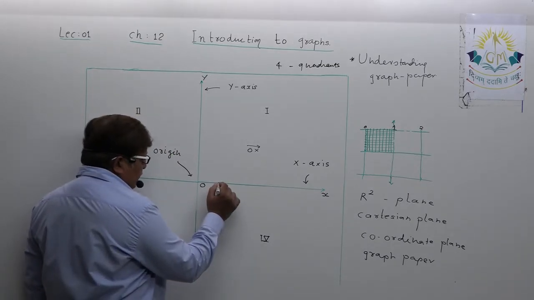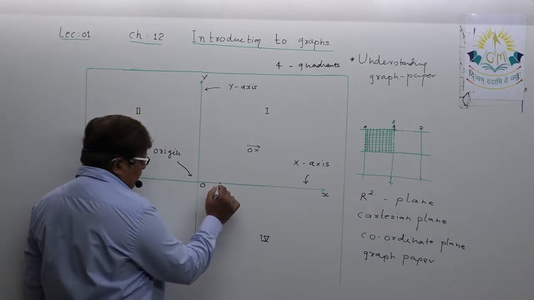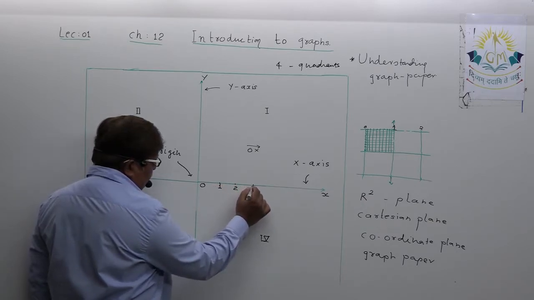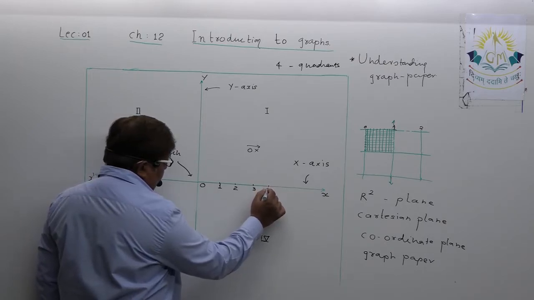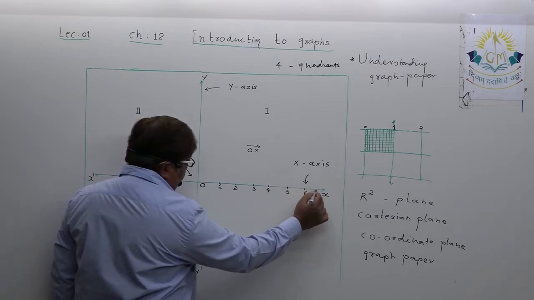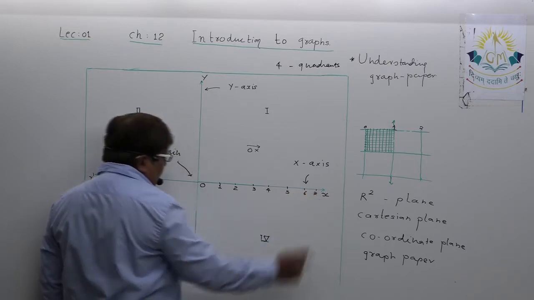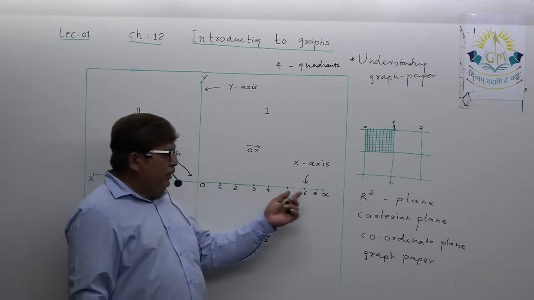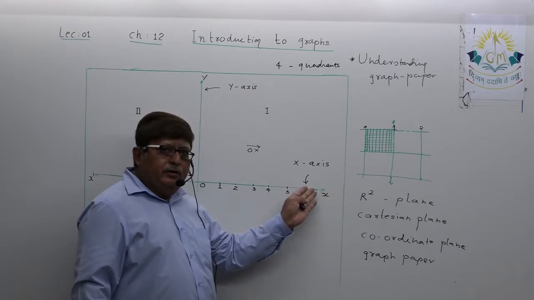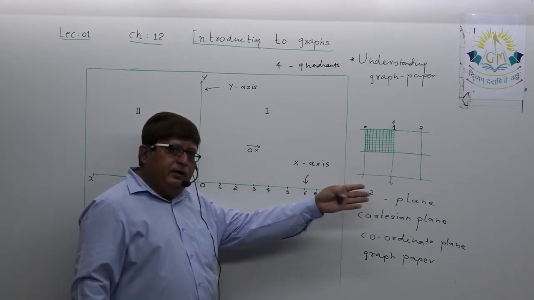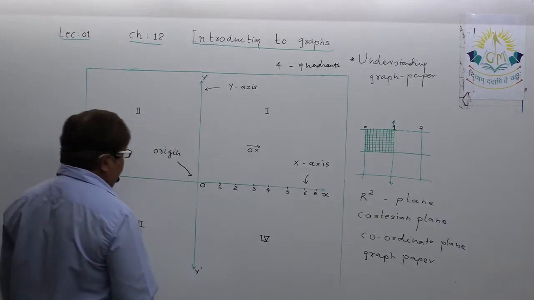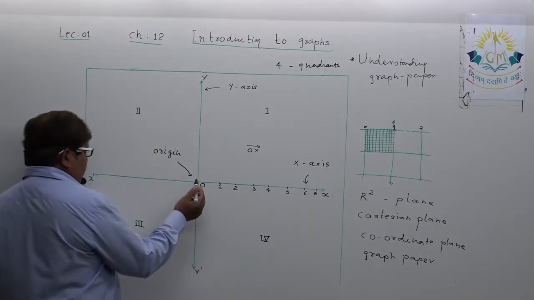So here I write the first number 1, then 2, 3, 4, 5, 6, 7. I am just limiting here. If you have enough space and boxes, you can continue 8, 9, 10, 11, 12, up to whatever boxes you have available.